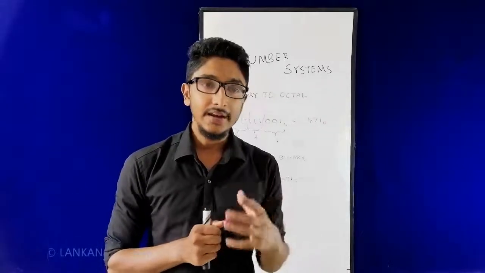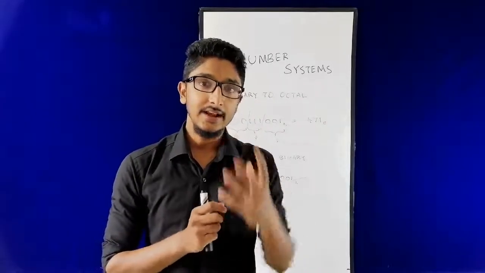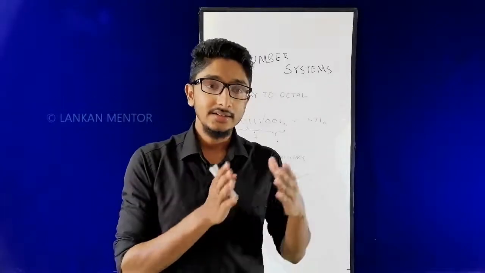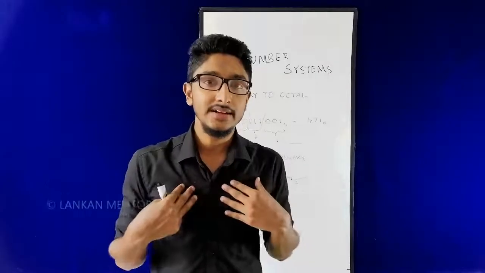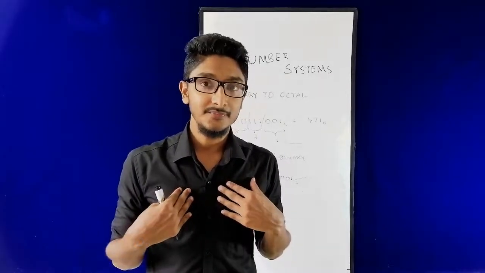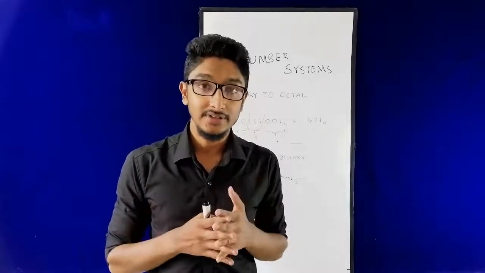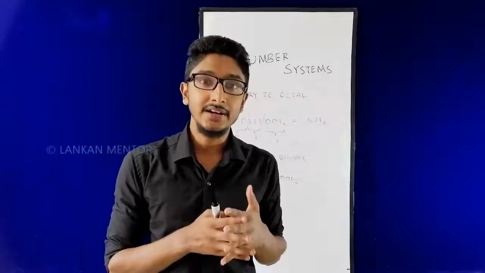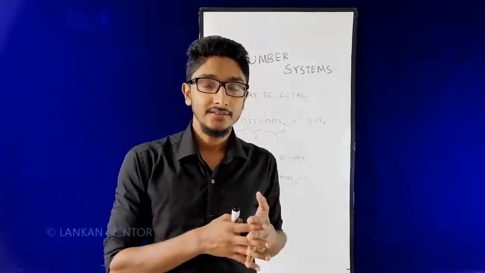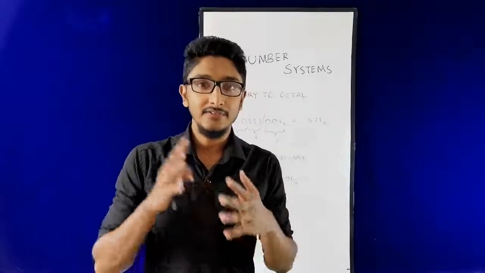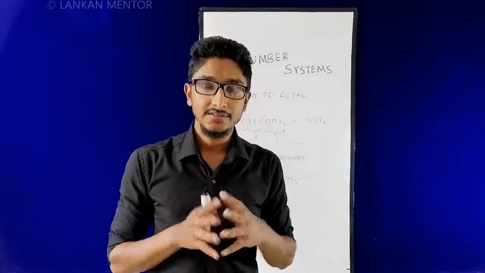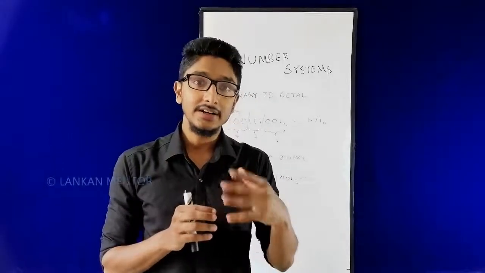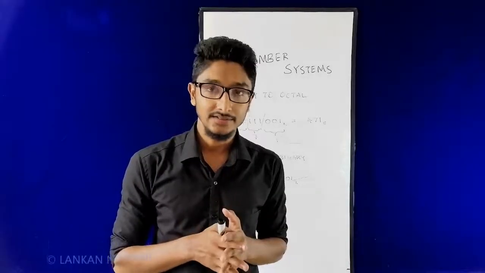So binary is like a number system that computers can understand. We can understand decimal numbers, we can understand alphabets, A, B, C, D. Just like that, computers can understand binary. Octal and hexadecimal are for different purposes. Just like that, these number systems are used for different kinds of devices.